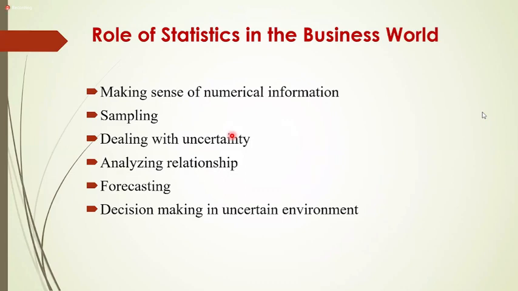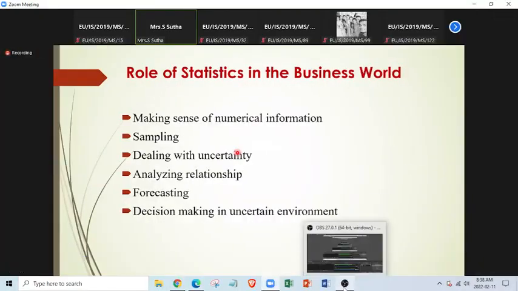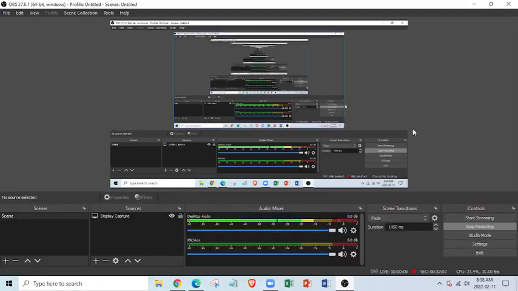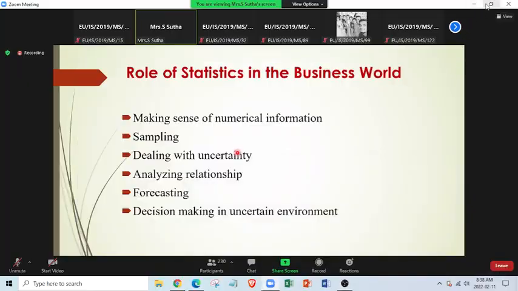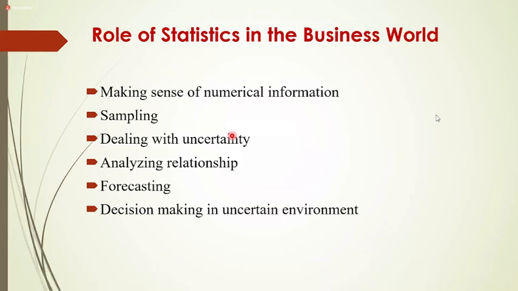We can analyze the relationship, right? What is the relationship between the service quality and the customer satisfaction? What is the relationship between the cost of the advertisement and the profit? What is the relationship between the corporate CSR activities and the financial performance? These kinds of relationships we can analyze.